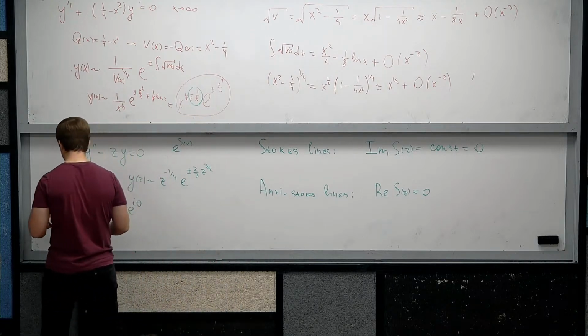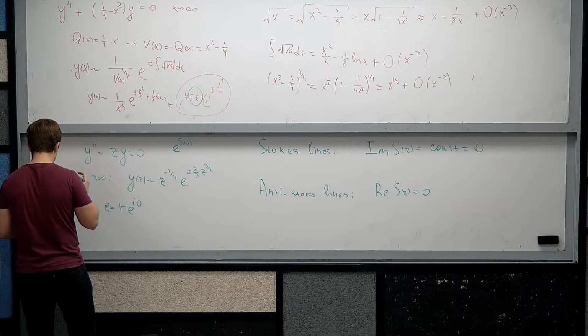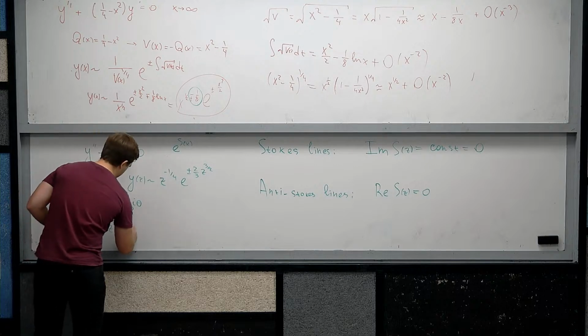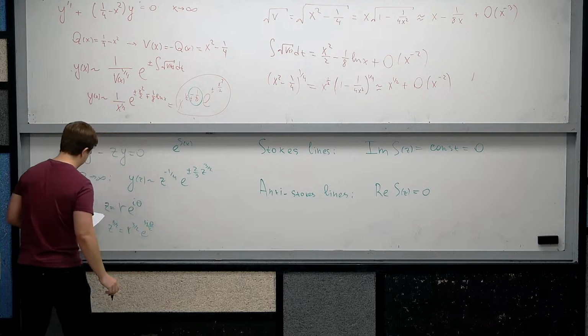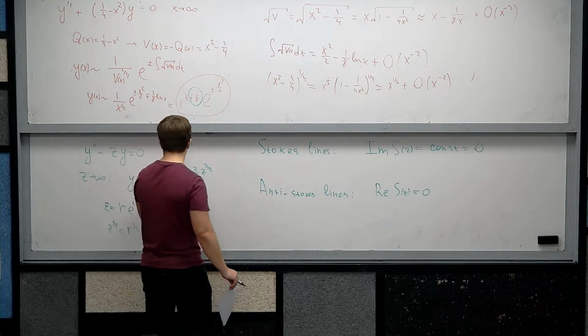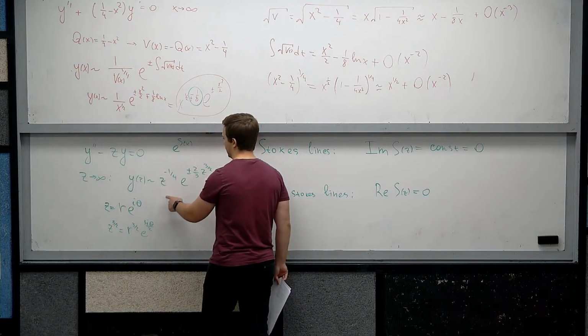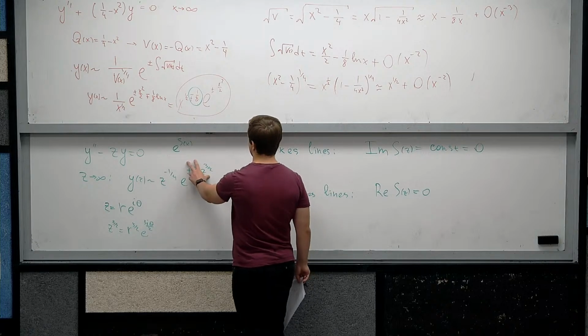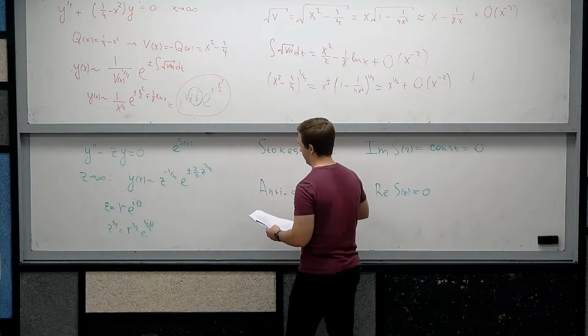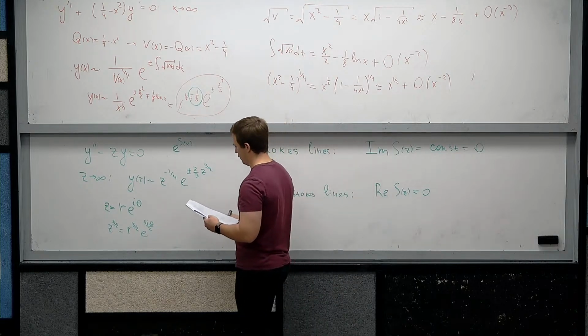So z to the 3 halves is r to the 3 halves e to the 3i theta over 2. Okay, we're not interested in the r part because this cannot affect, right? Only this will reveal the behavior.